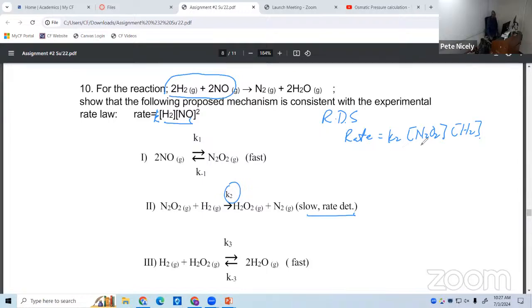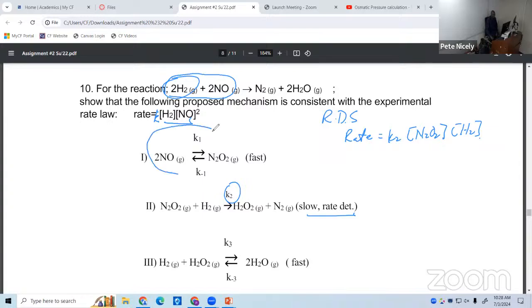So what we have here is one reactant coming from the overall reaction here. But in this rate determining step, we have another reactant. That other reactant is not present in this equation here. So we need to express this reactant in terms of the original reactants involved in the equation.